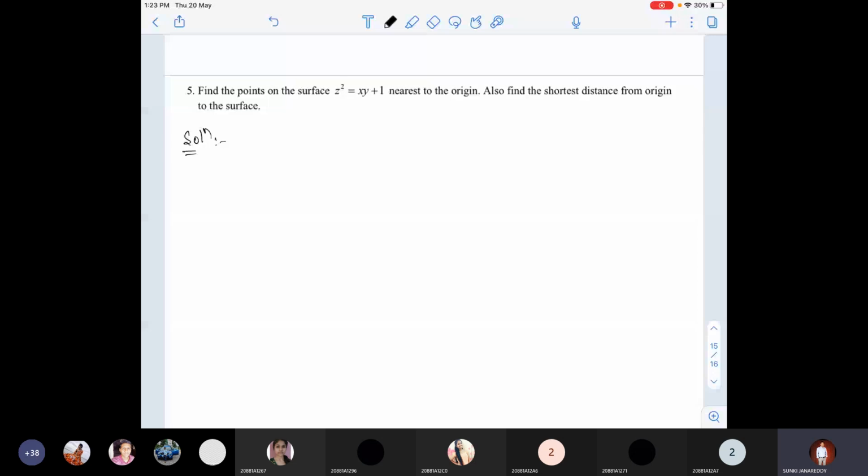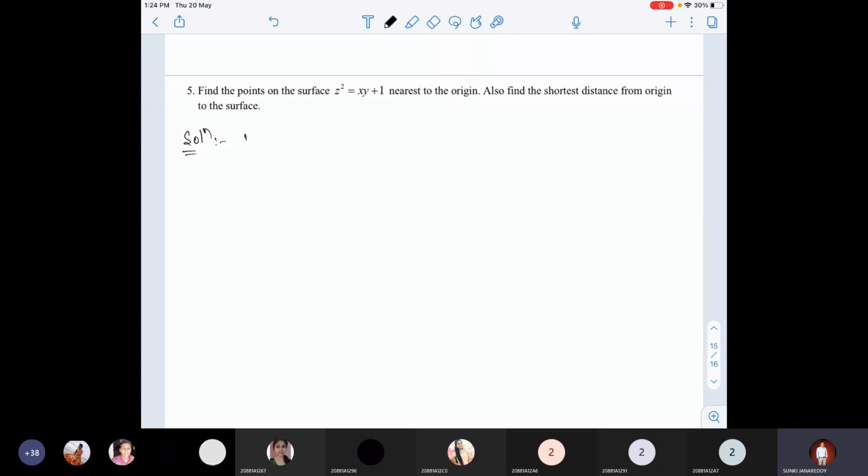Very good. It is the given relation. How to get the function, Nana? Consider a point x y z on the surface, sir. Very good. Then the distance from the origin to the surface is the required function.